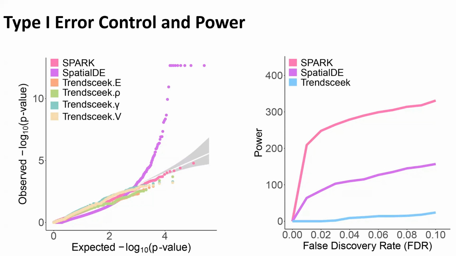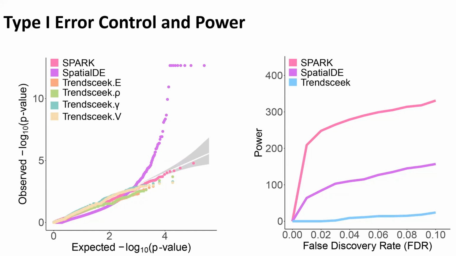Now SpatialDE is somewhat the Gaussian version of our method. It's doing some Gaussian transformation. You can see that initially it's very conservative, below the diagonal line, and then it overshoots, meaning that it identifies a lot of signal in the permuted data set, which is not ideal. For Trendsceek, it works fine because it's using a permutation-based test. It's extremely slow, but in terms of type 1 error calibration, it's okay, though too conservative.